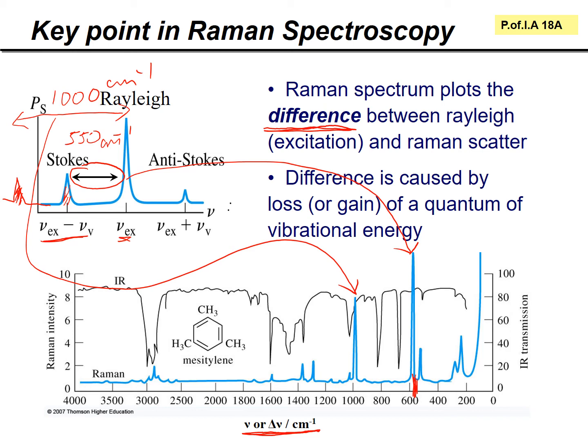The frequency in IR is a direct measurement. We're measuring the frequencies where the absorption occurs. With Raman, it's indirect. We're calculating the frequency differences between the incident and scattered photons. We're plotting the delta nus there.